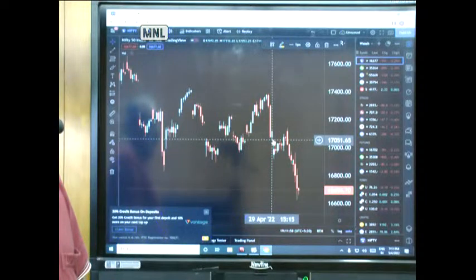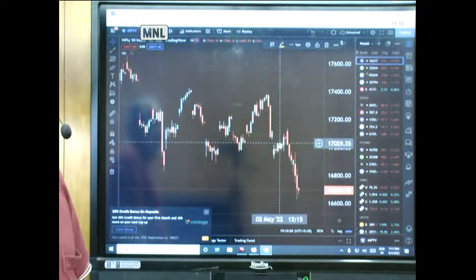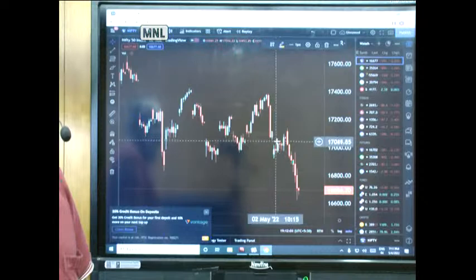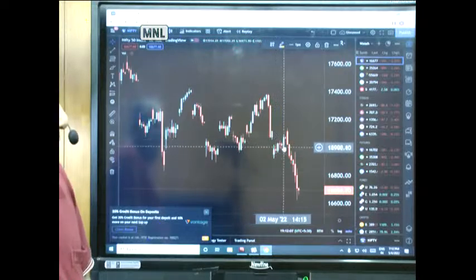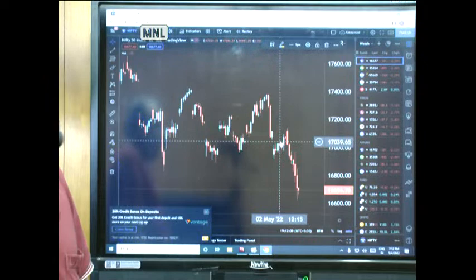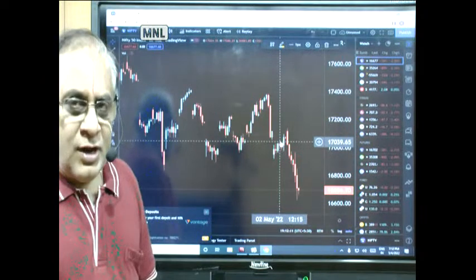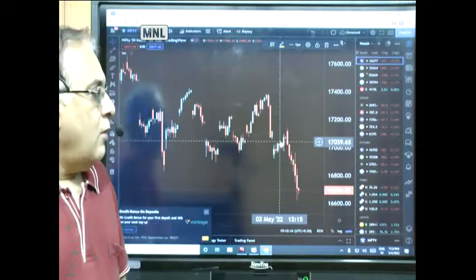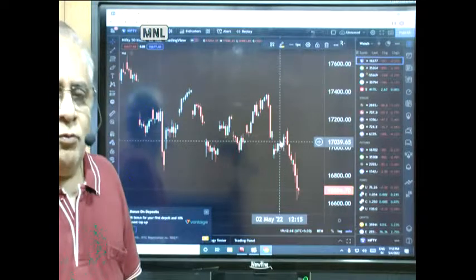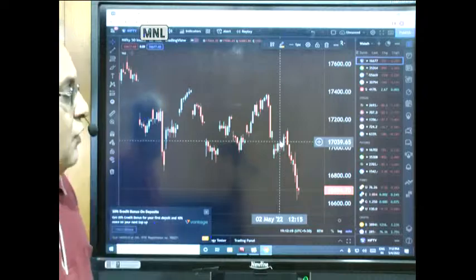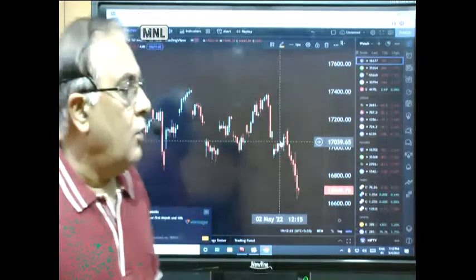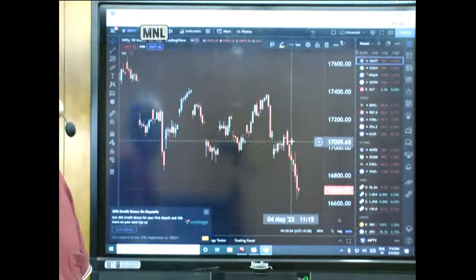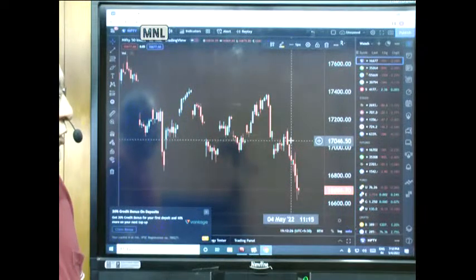Once it went up to that, there was some resistance and it pulled down. But once that resistance was broken on an intraday scale, and even today in the morning, there was a good rally which gave some good profits on Monday, and some profits overnight today. So we had a decent amount of profits here.